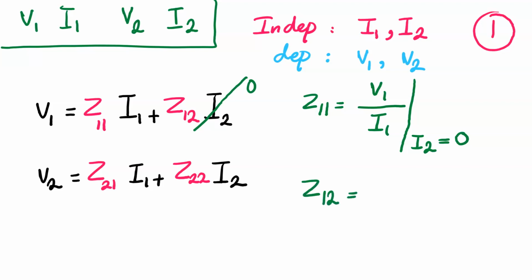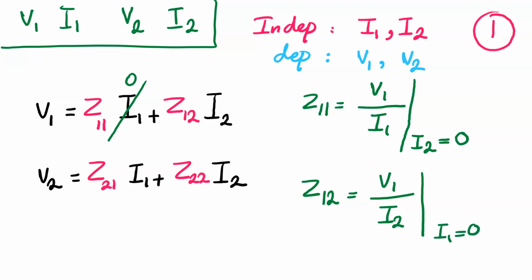Now let's do that for Z12. For Z12, this time I'm going to make the assumption that I1 is equal to 0. So if I'm looking for Z12, I need to find the relationship between V1 and I2 when I1 is equal to 0. Let's continue here. For Z21, in order to find this value, I have to assume that I2 is equal to 0.